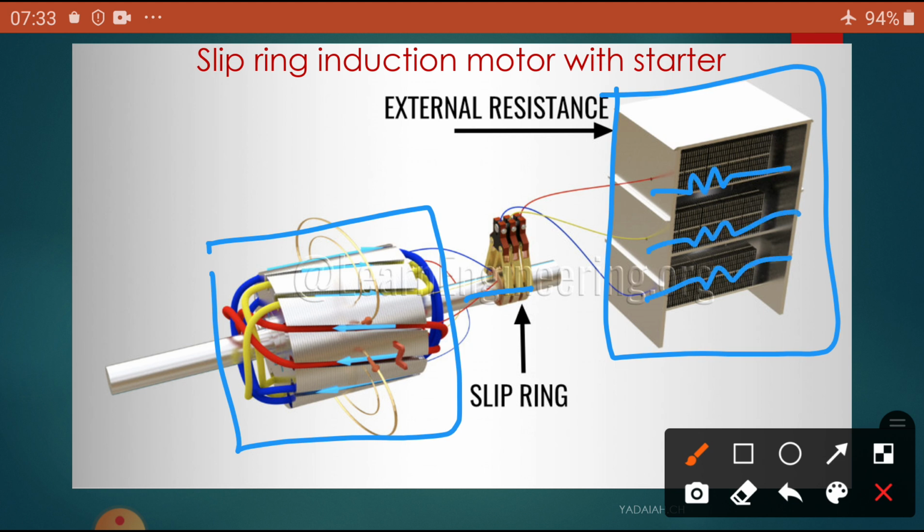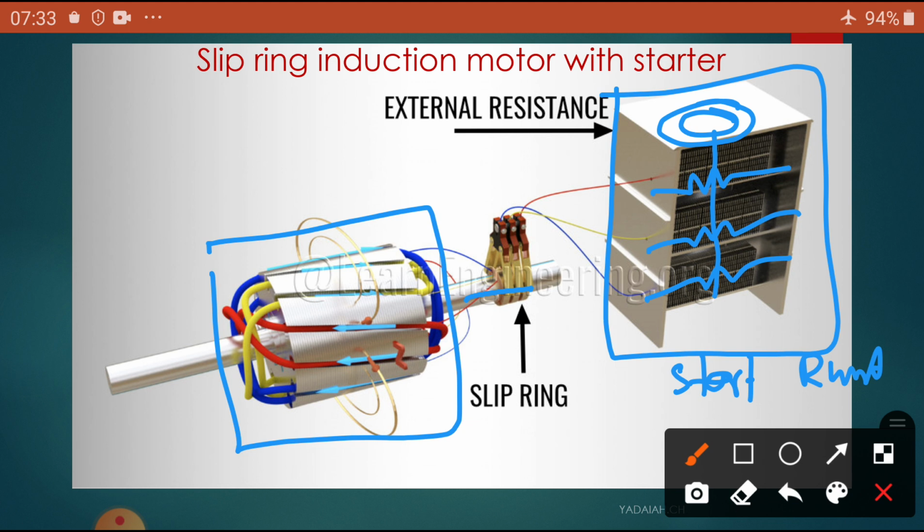A common knob is provided here to change the resistance value. Initially the resistance value is maximum, which is the start position. The knob is provided with a start position and a run position. You might have observed this in our laboratory.